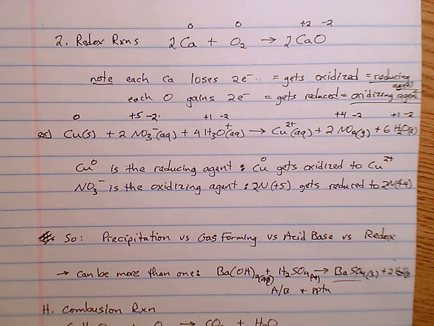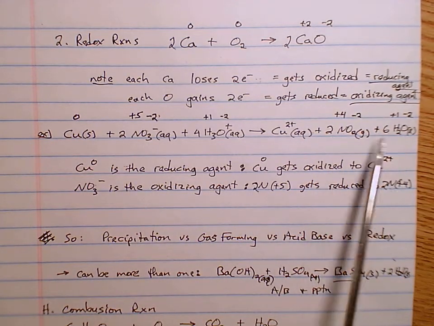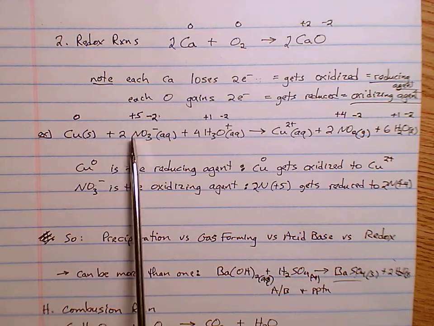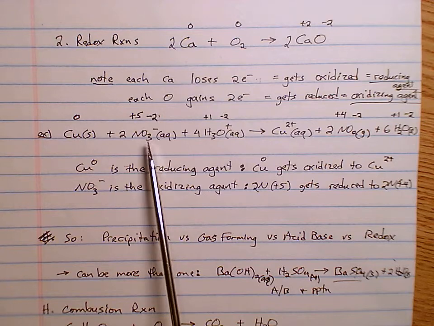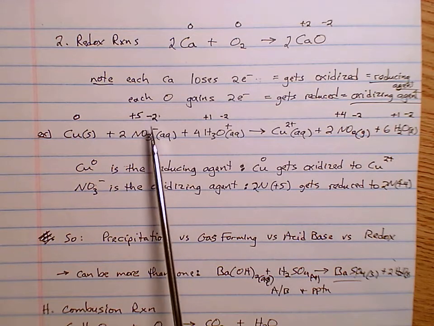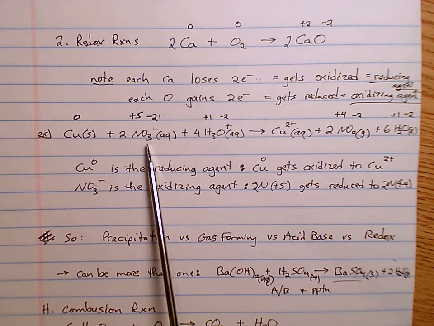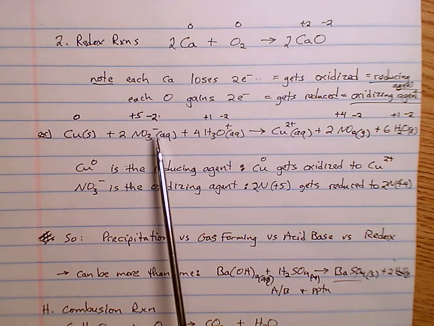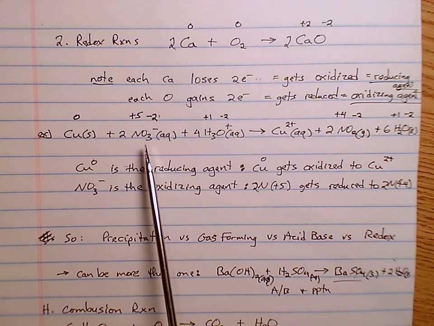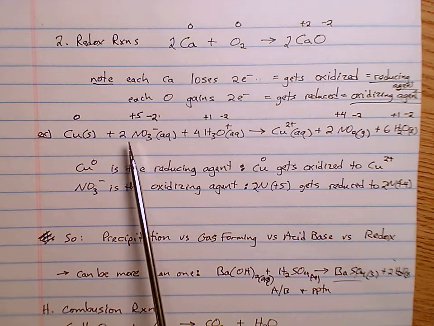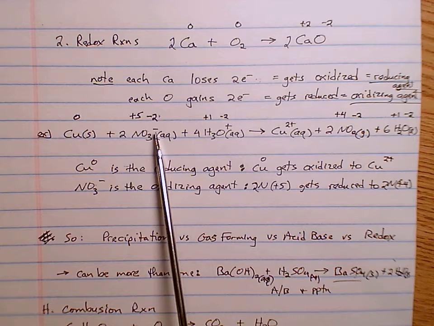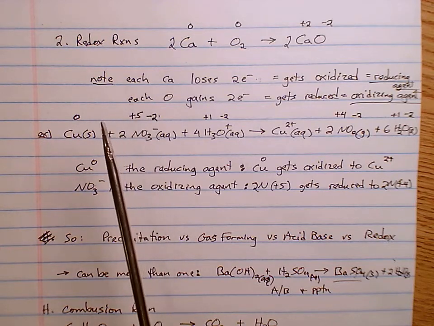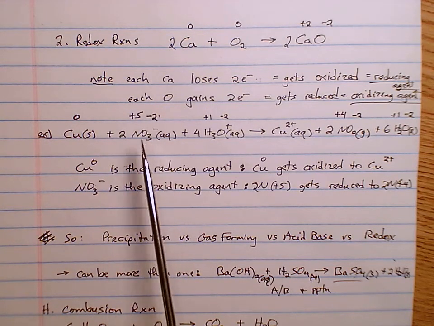Looking at all of the oxidation states, copper is 0, nitrogen is +5 because, let's look at this. At first, we assume each oxygen is -2, so 3 of them means -6. But the overall nitrate has a -1 charge, so -6 and +5 for the nitrogen give us an overall -1 charge.